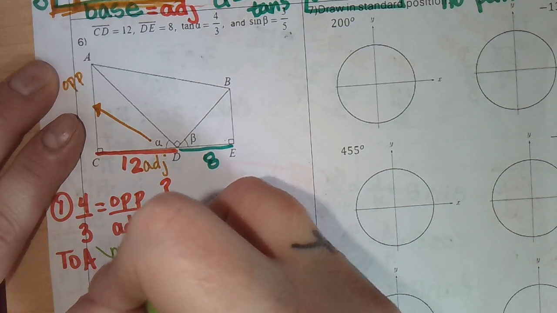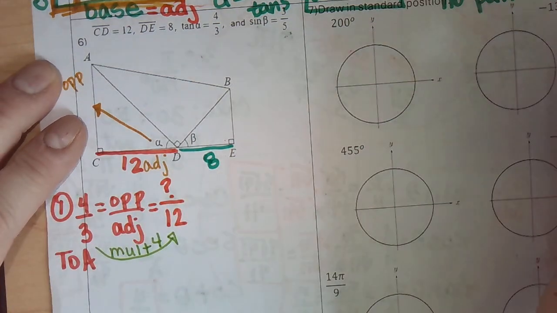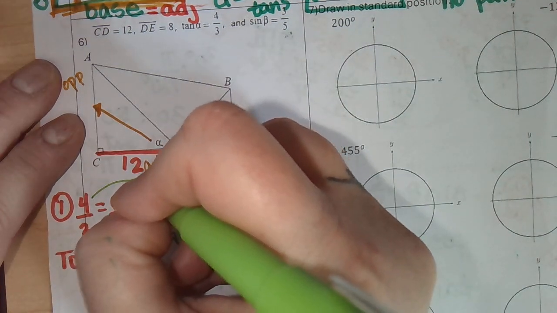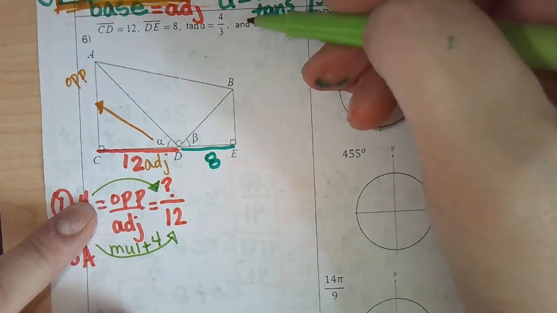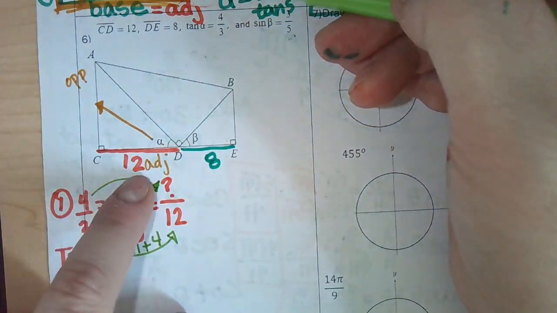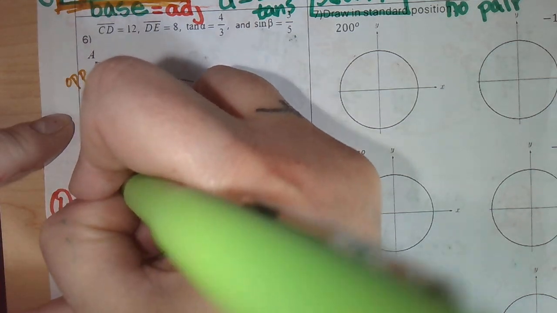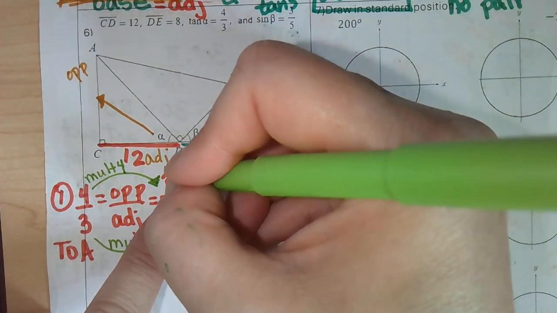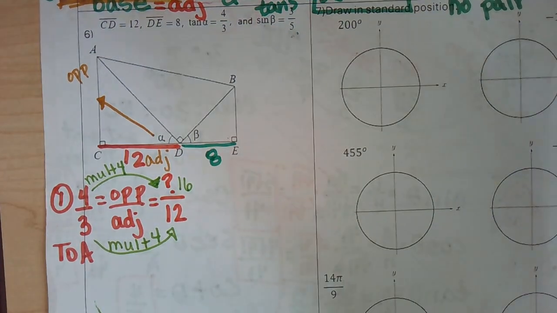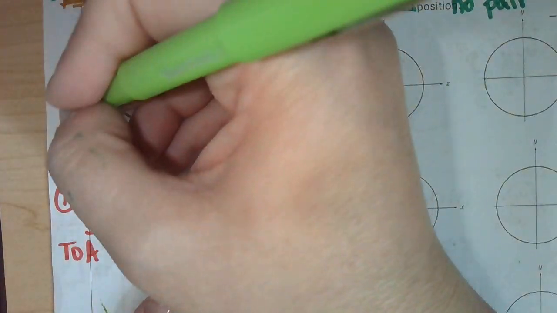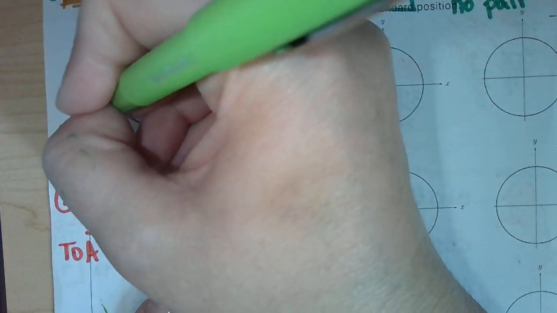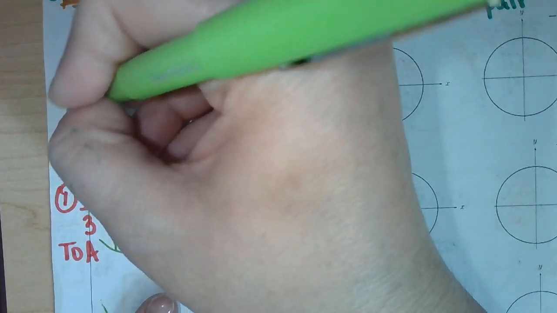We multiply by 4. Same thing here. To get from the opposite of what they gave us to the opposite of the picture, we're going to multiply by 4. And what do we get? We should get 4 times 4 is 16. So this up and down piece is 16.